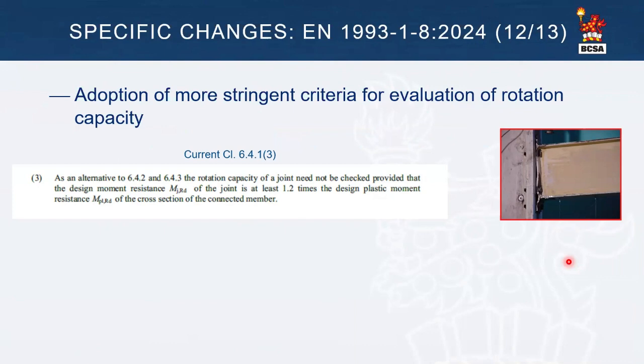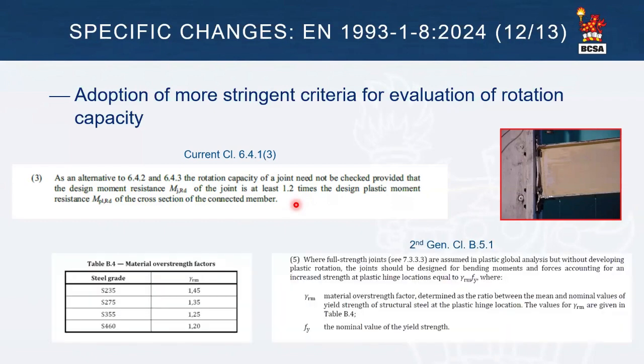The next change I would like to highlight refers to the evaluation of rotation capacity of joints. As you know, the code does not give you a procedure for direct evaluation of the rotation capacity of a joint, but gives some indirect guidance by using resistance. This current clause, 6.4.3(1), stipulates that you should have sufficient rotation capacity for a joint as long as the joint design resistance is at least 20% higher than that of the connected member.